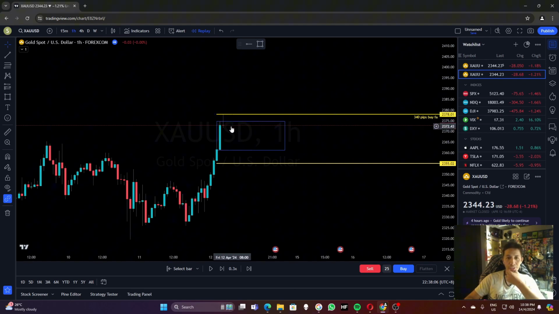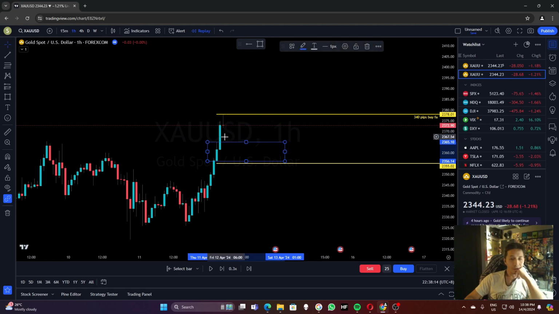Alright, and then I want to wait for a breakout, which it did here. For example, it did a breakout, and for this example I'm just going to use this one.